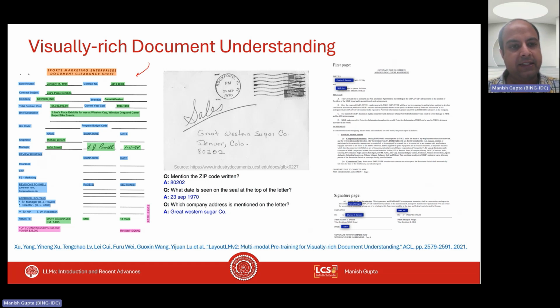The interesting part is that using a popular model called LayoutLM, which I'll also talk a little bit about on the next few slides, one could nicely extract the key-value pairs from this document. One can also do question answering on these documents. Here is a postcard scan, and you could ask questions like 'mention the zip code written', and it can figure out the zip code. You can also ask it for the date on the seal at the top, and it nicely figures out the seal and the date on it.